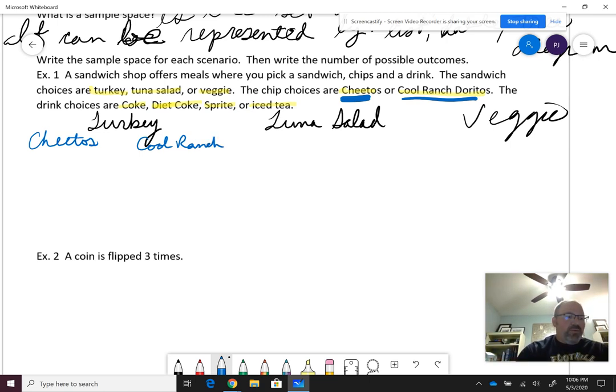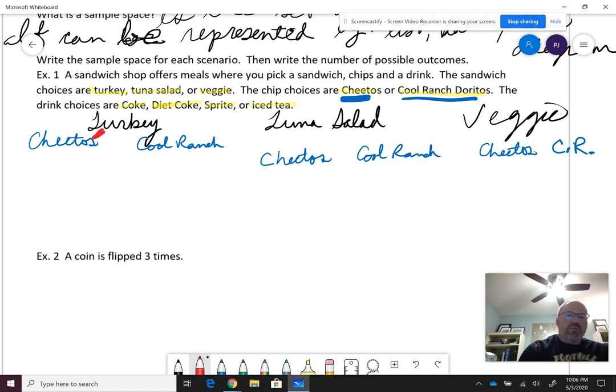We're going to do the same thing for the other ones. Cheetos or Cool Ranch. And I'm running out of room, so we're going to go CR for Cool Ranch. So turkey, we've got a choice of Cheetos or Cool Ranch. For tuna, we've got a choice of Cheetos or Cool Ranch, and the same thing for a veggie sandwich.